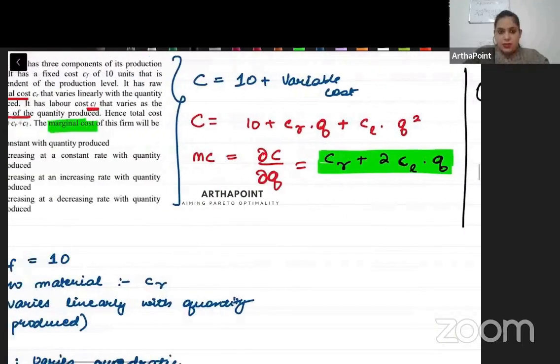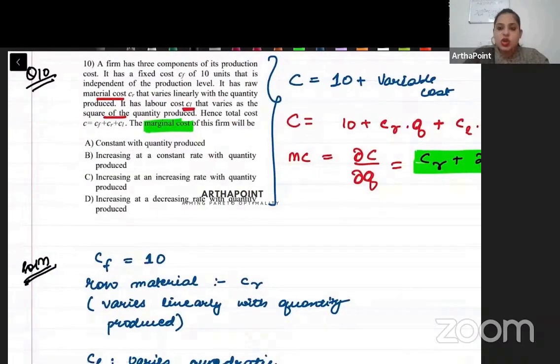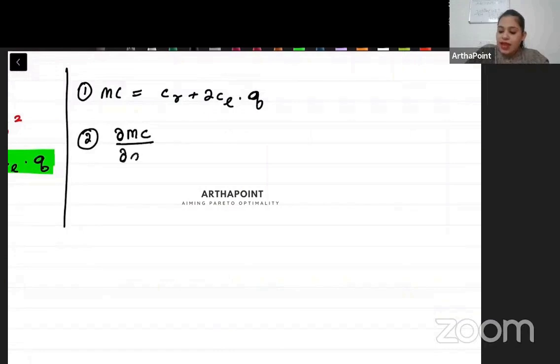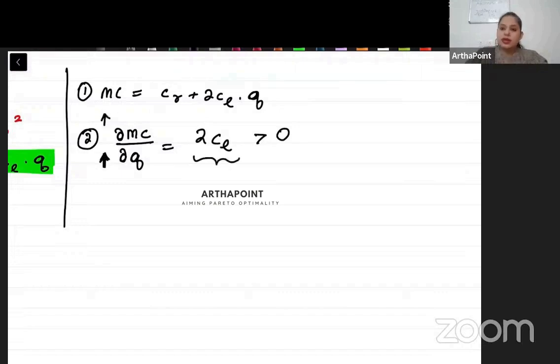Now it is asking how this marginal cost is changing as quantity is changing. So if I differentiate it, I will get 2CL. This is greater than 0, which means as my quantity is increasing, I'm getting this positive, marginal cost will increase.